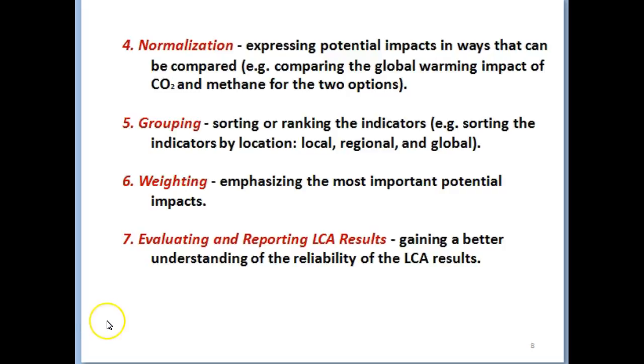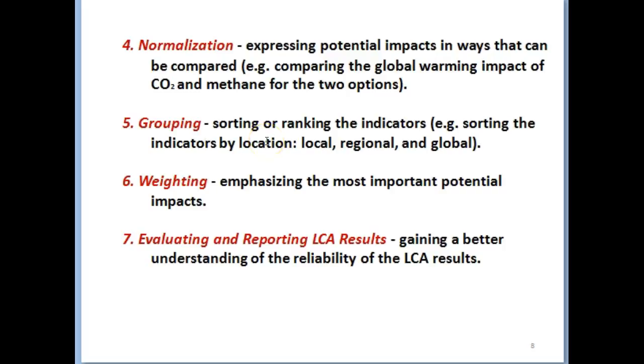Some LCAs include a normalization step. This step involves dividing the impact values obtained from characterization by reference values in order to determine the relative magnitude and significance of the impacts caused by the system under study. Grouping refers to sorting the impact results from characterization into different defined groups for analysis and presentation.